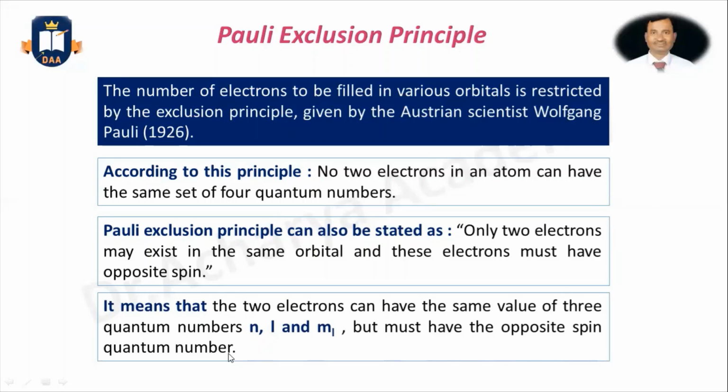So in the same orbital, only 2 electrons can enter, and these 2 electrons have the same n, l and ml values, but they should have opposite spin quantum numbers. That means if one electron has the spin quantum number plus half, then the other should have minus half.